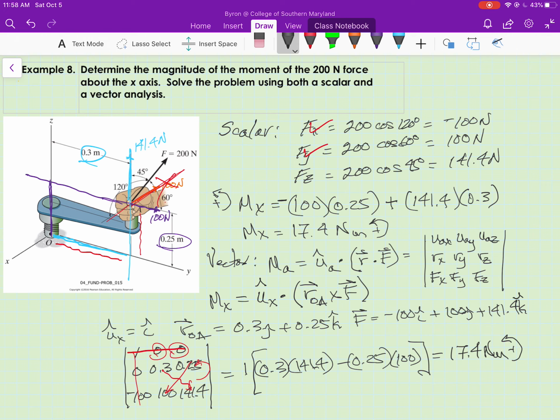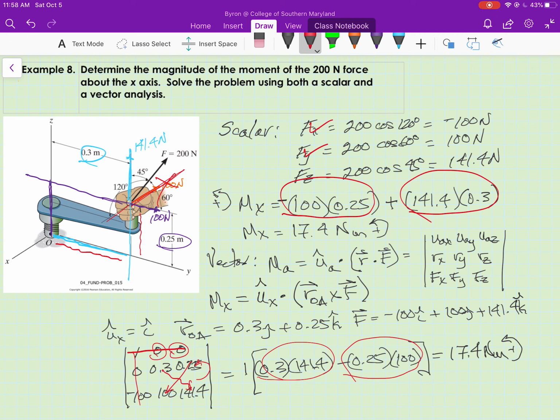Now notice the similarities between the vector analysis and scalar analysis. You know, it's just how you slice the problem. Look here. There's that moment of the 100 newton force about the x-axis. Here's the moment of the 141.4 newton force, the z component, about the x-axis.